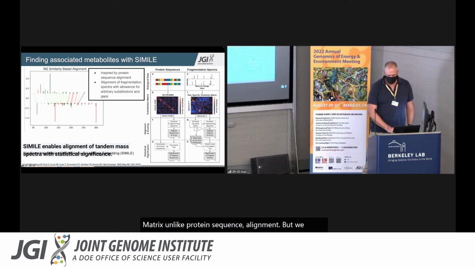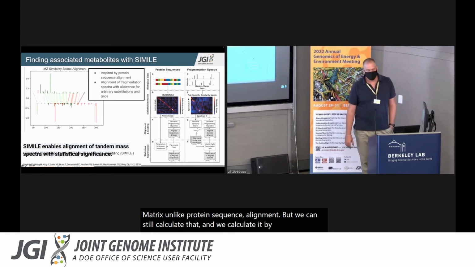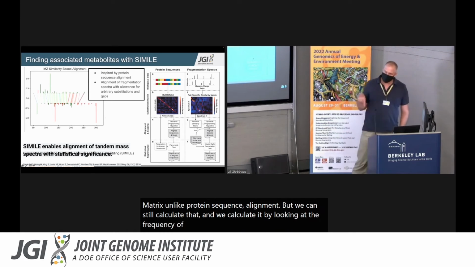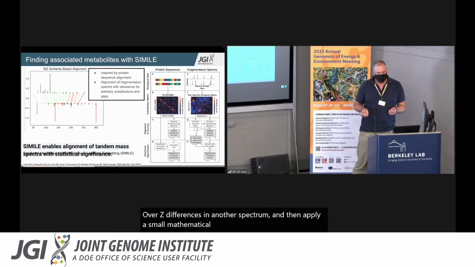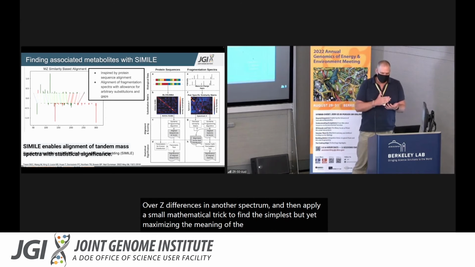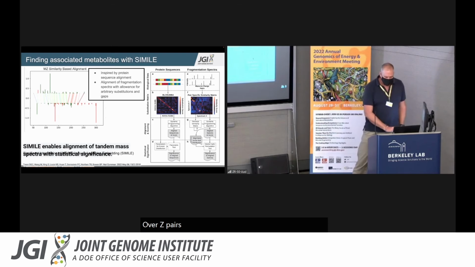But we can still calculate that, and we calculate it by looking at the frequency of m/z differences in one spectrum and the frequency of m/z differences in another spectrum, and then applying a small mathematical trick to find the simplest, yet maximizing, meaning of the relationship of these different m/z pairs to find correlated or similar m/z pairs in your spectrum.